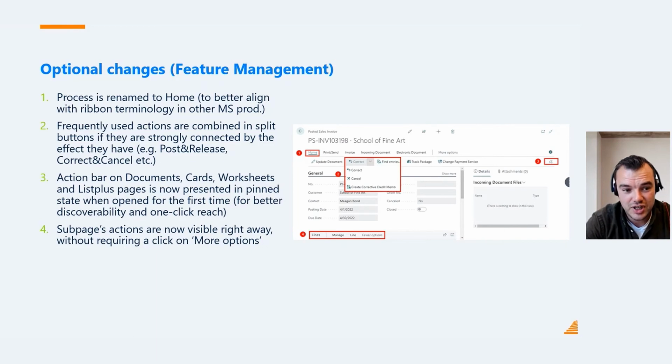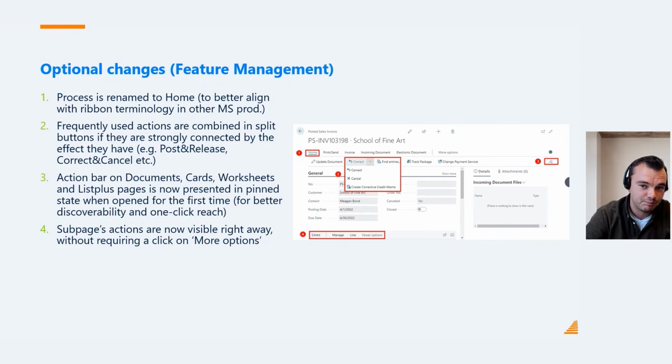The third announcement is that the action bar on document, cards, worksheets, and list pages, list plus pages, I should say, is now pinned by default for better discoverability and the one-click reach, of course. And the last small change is that on the subpage, actions are now visible right away without first requiring a click on more options.